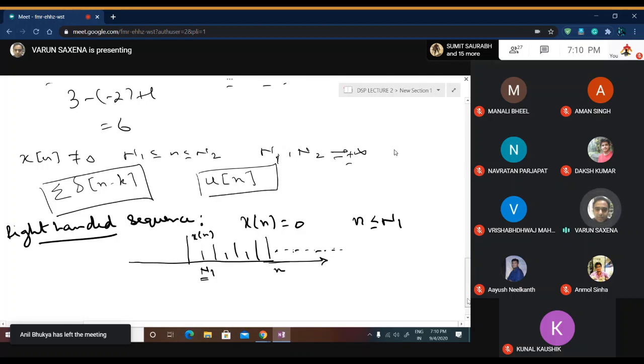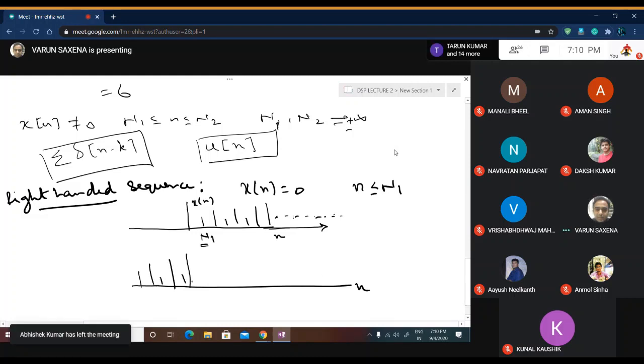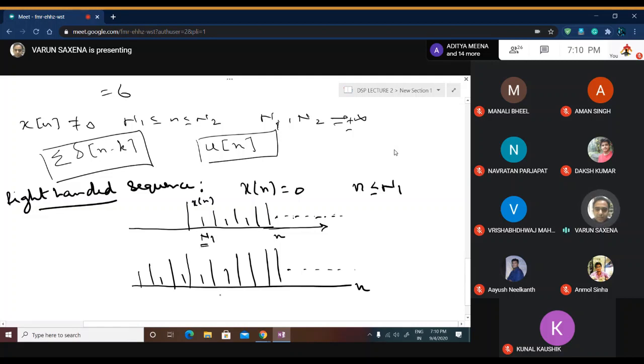Now I can also create a sequence like this. There is a sequence like this, and this is n equal to 0.